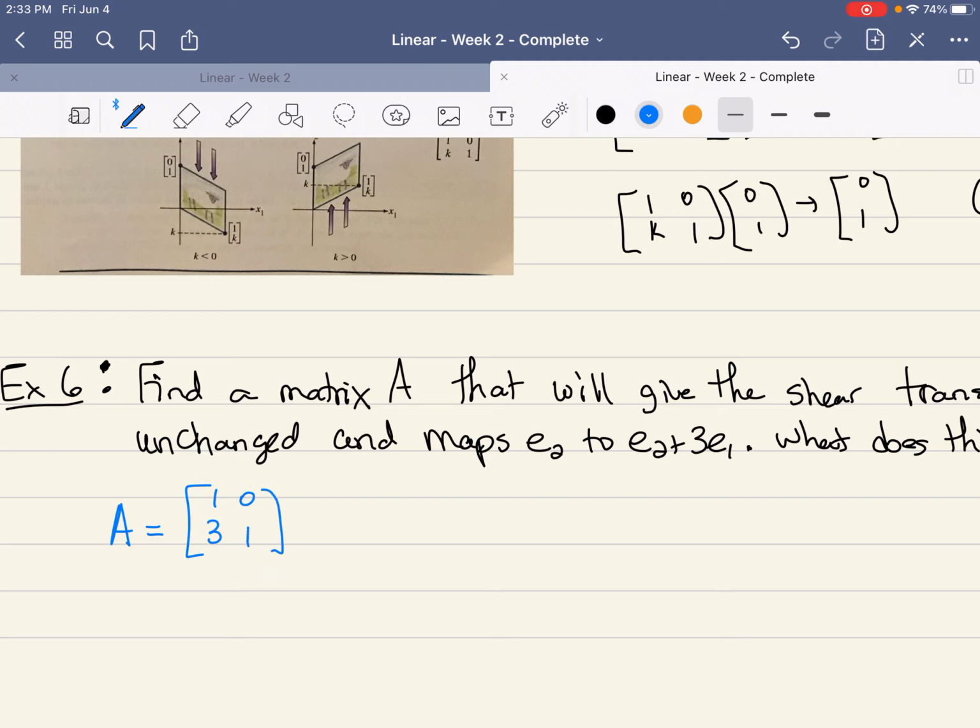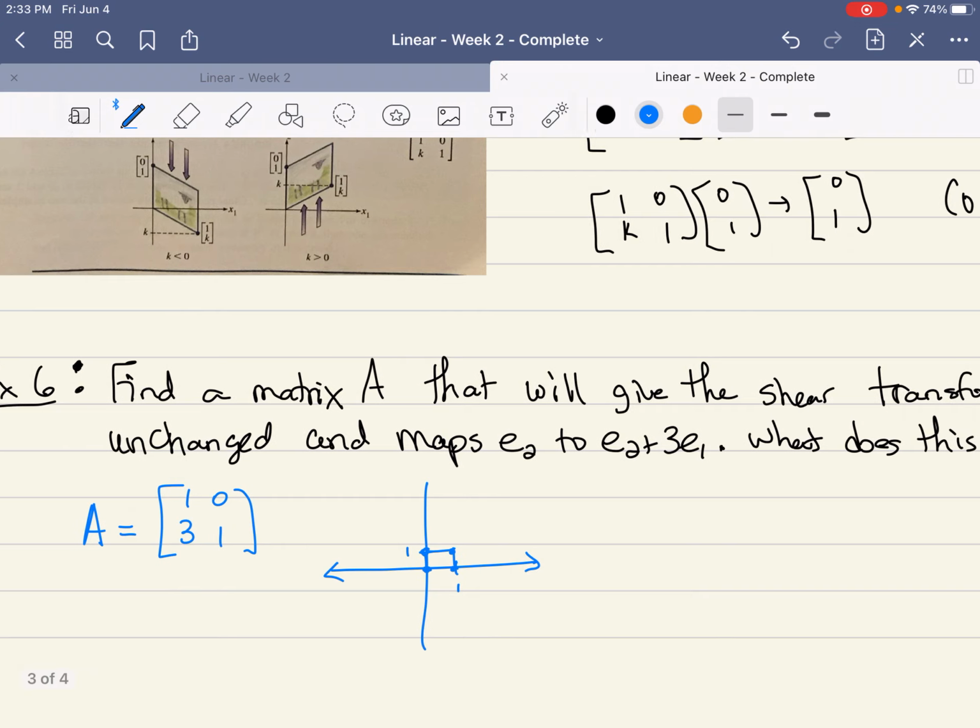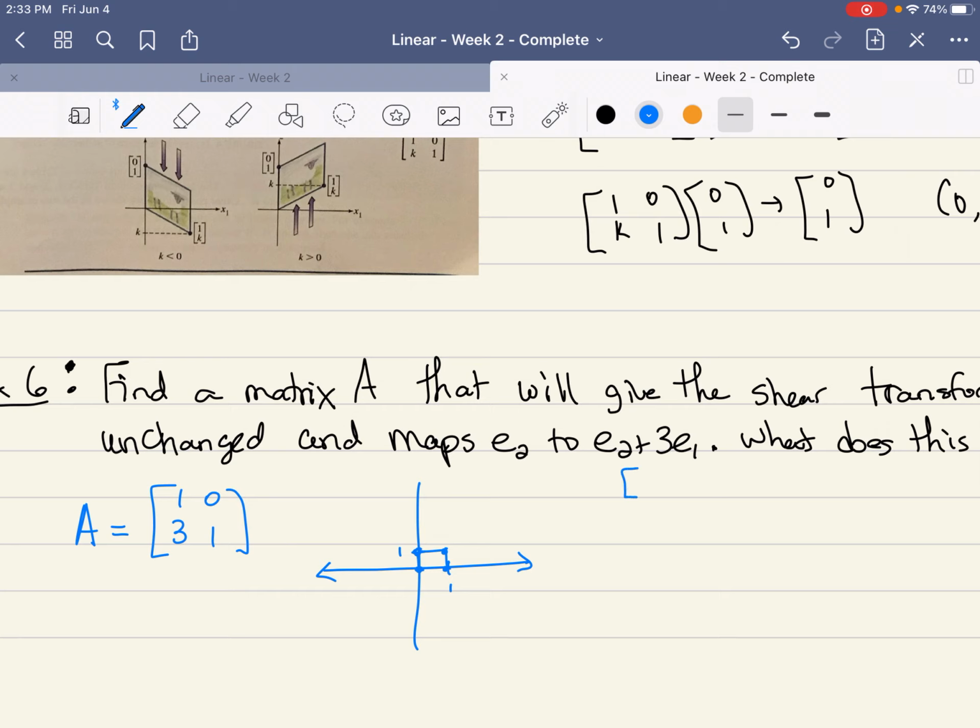So if we wanted to suss out what happens here, we call this 1 and 1, and we give ourselves a nice little square. I know it doesn't look like a square. And if I calculate out what happens, 1, 3, 0, 1, if I multiply that by 0, 0, of course I'm going to get back 0, 0. Nothing's going to change.